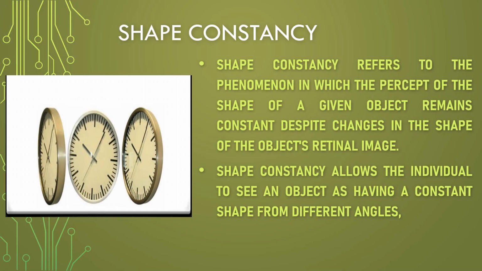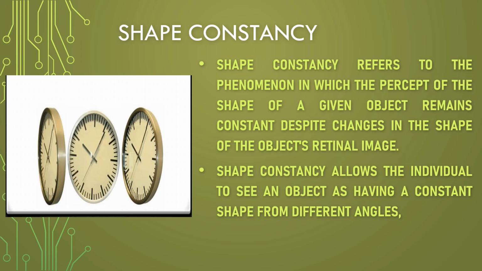Now let's see shape constancy. It refers to the phenomenon in which the perception of the shape of a given object remains constant despite the changes in the shape of the object's retinal image. Shape constancy allows the individual to see an object as having a constant shape from different angles.